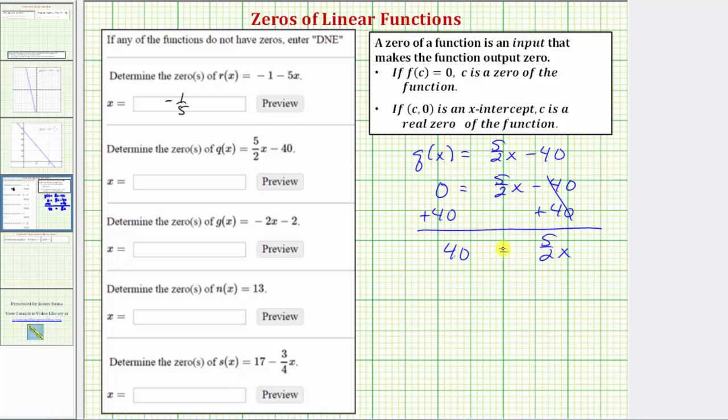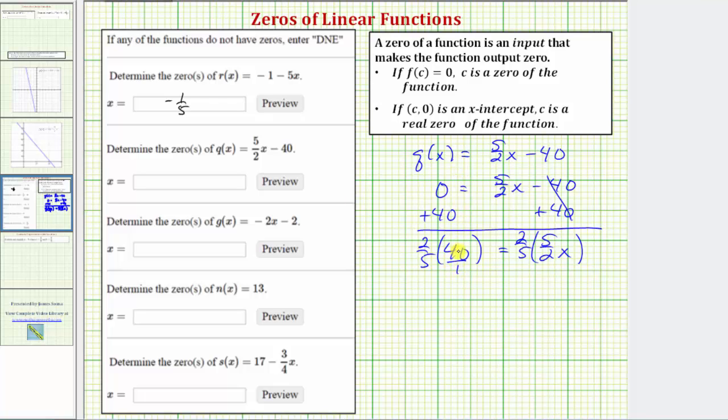And now to solve for x, we multiply or divide. Instead of dividing both sides by 5/2, let's multiply both sides by the reciprocal of 5/2, and therefore we'll multiply both sides by 2/5. So on the left side of the equation, let's write 40 as a fraction with a denominator of 1.